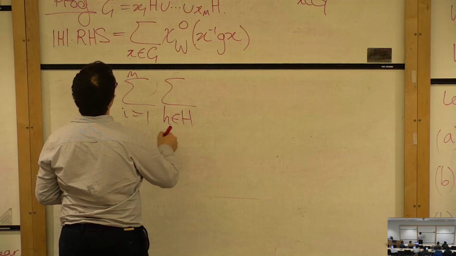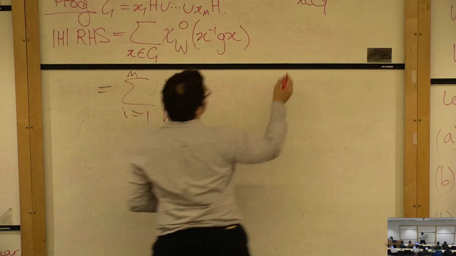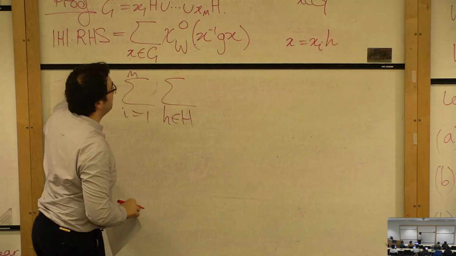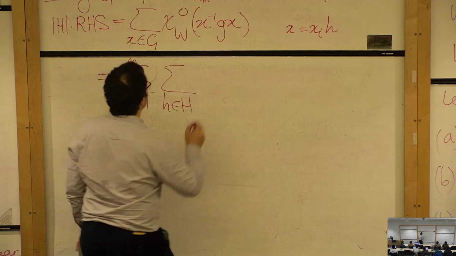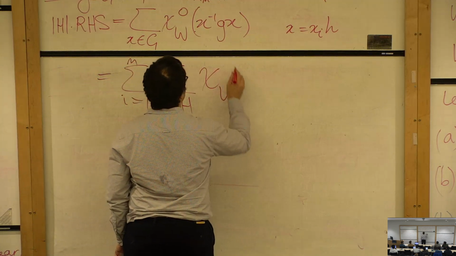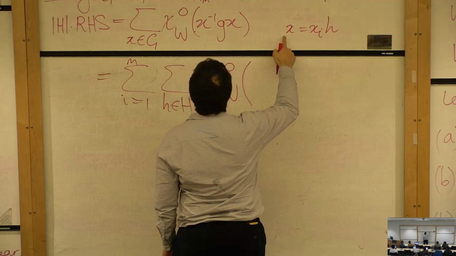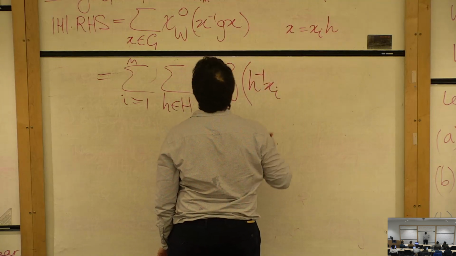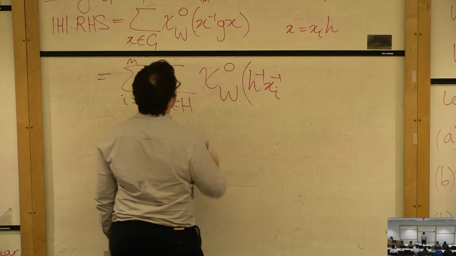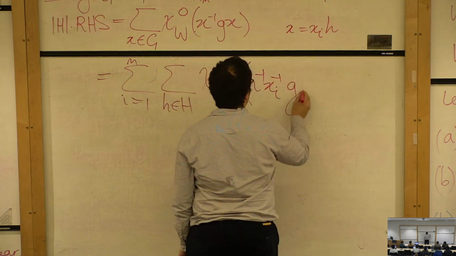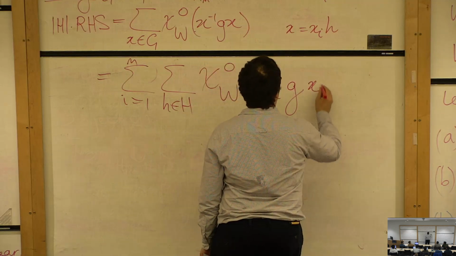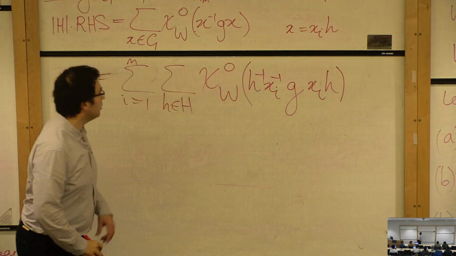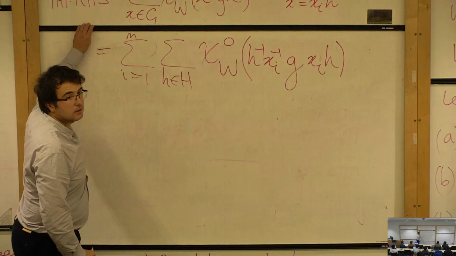So, substitute x equals x_i h. Sum to get something or other. Well, inverse is reverse order. That's that. There's a g here. Oops. So far, so good. Okay.